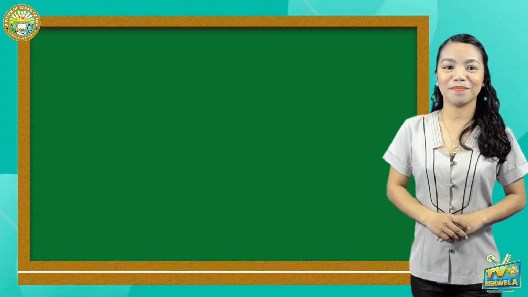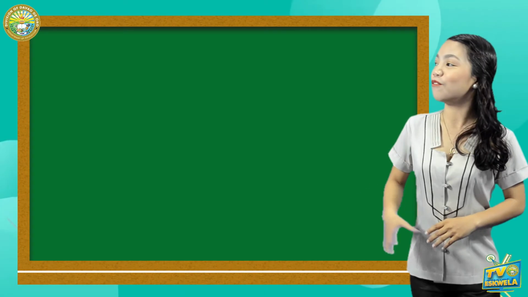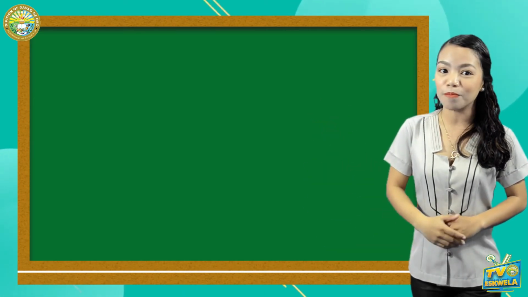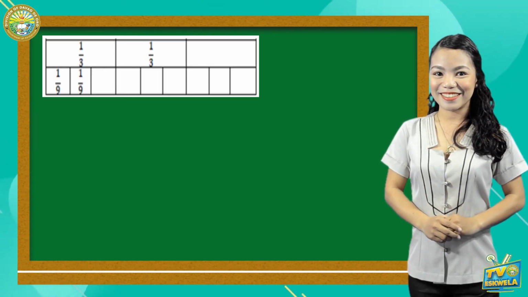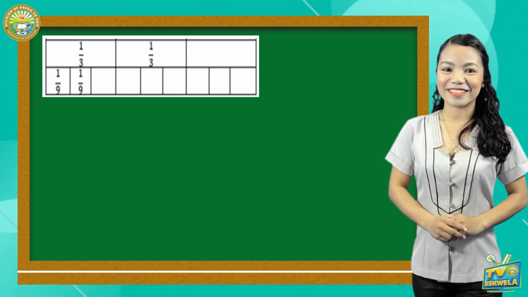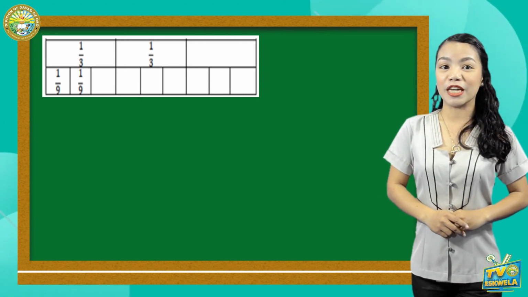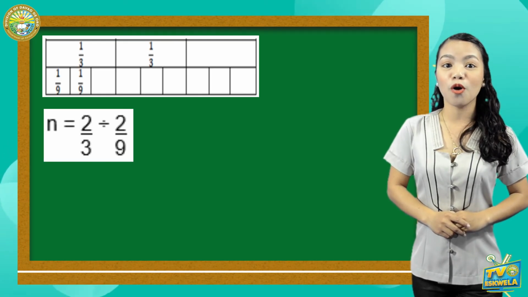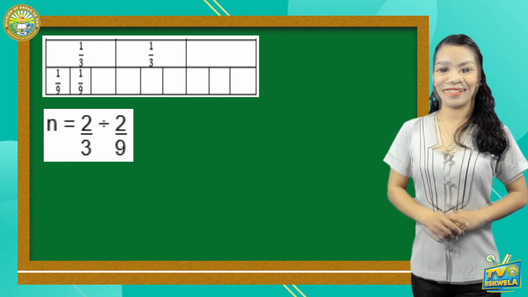Example 3. I will give you 10 seconds to look at the visual model and find out its division problem. Time starts now. The division problem on the given visual model is n equals 2 over 3 divided by 2 over 9.